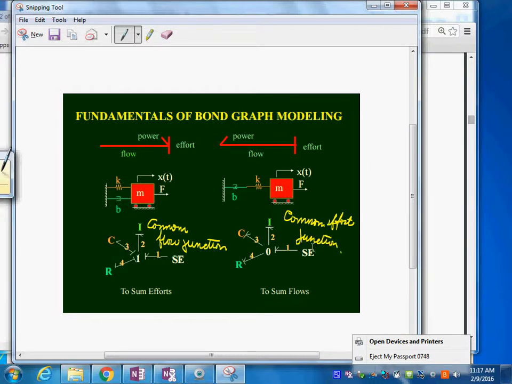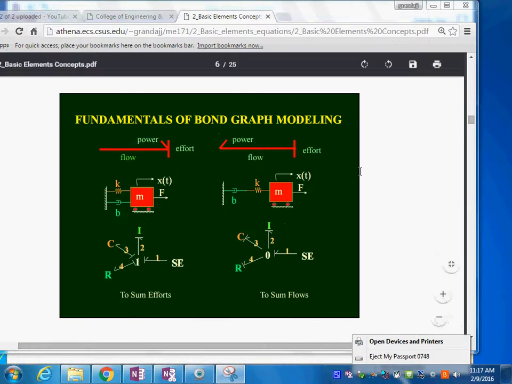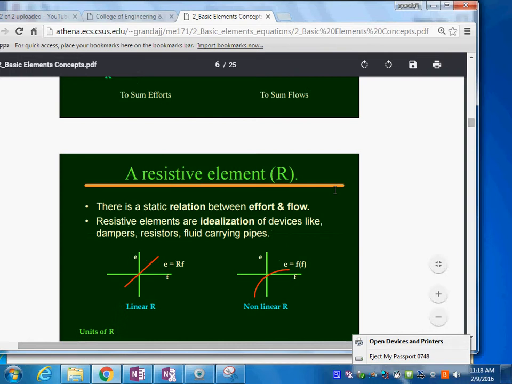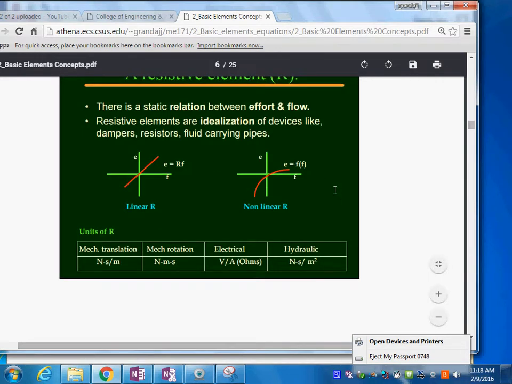But in looking at the specific constitutive laws of the R element, you see on the slide in front of you, the red crossbar indicates the effort, the way the output goes.